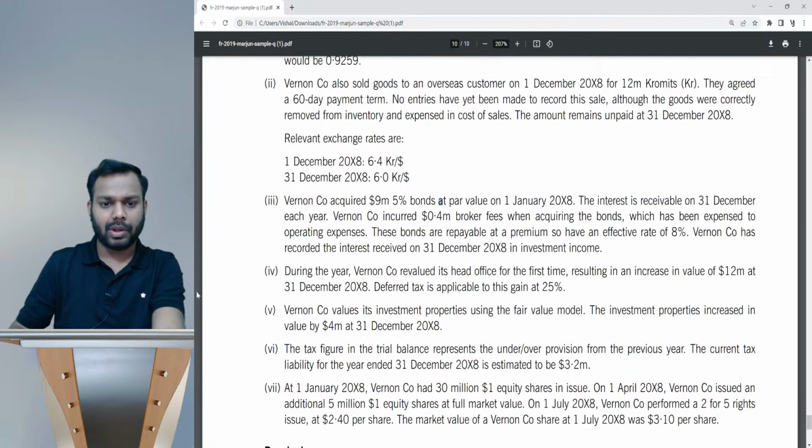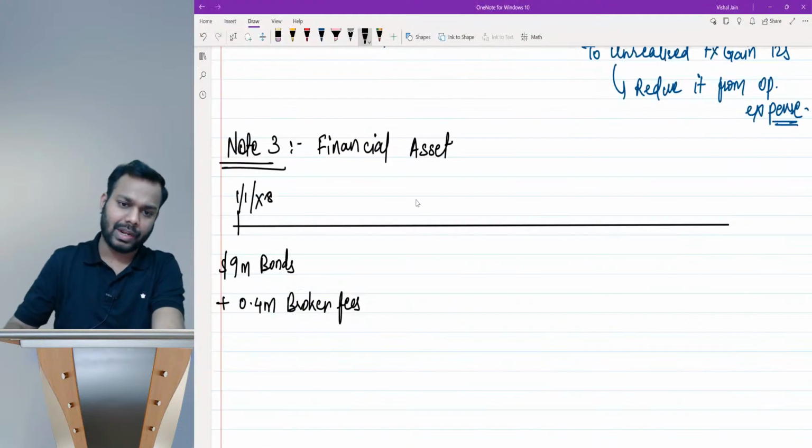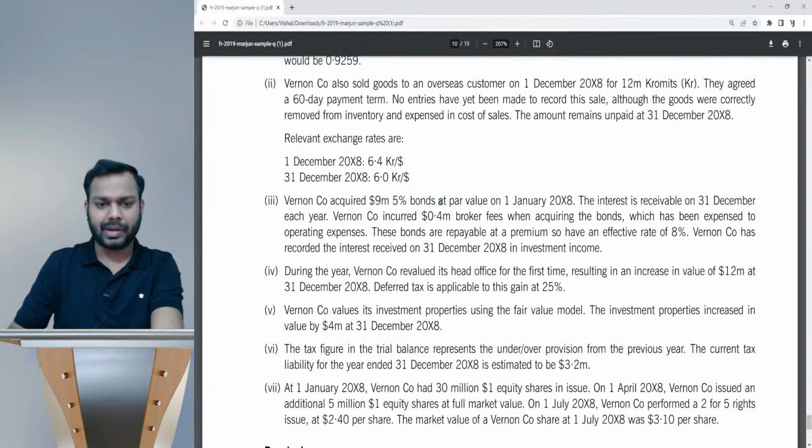Okay. Now it says the effective rate is 8%, right?